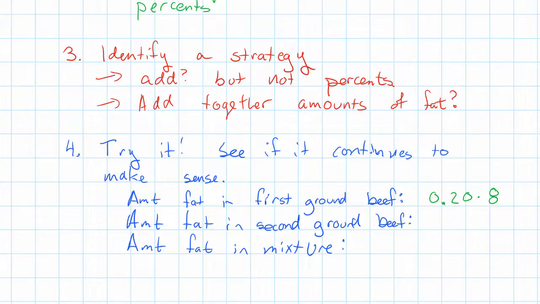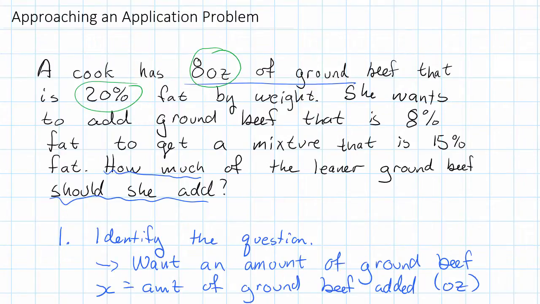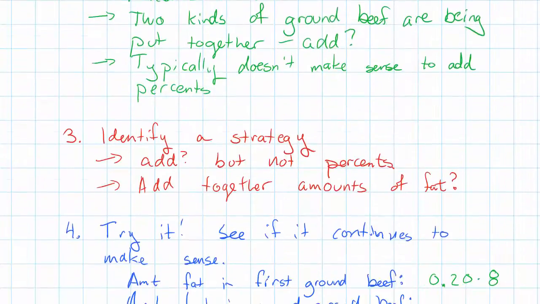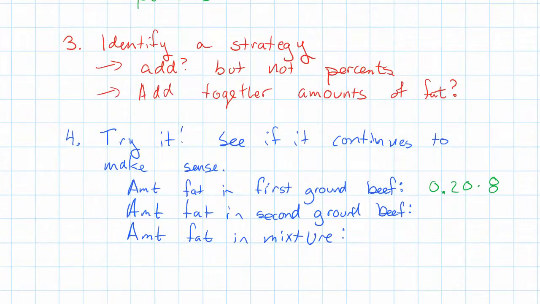That's working really well so far. The amount of fat in the second ground beef, well, it's 8% fat. How much of it do we have? Oh, that's X, right? The amount of the second ground beef is our X. So the amount of fat in the second ground beef is going to be 8% of X.